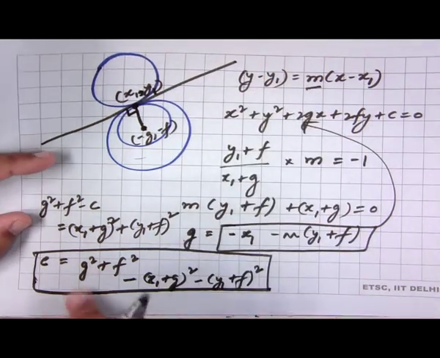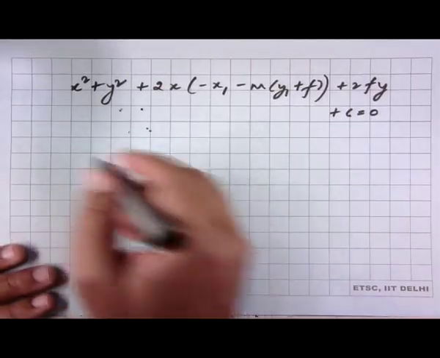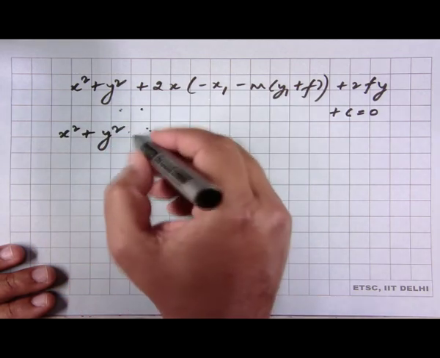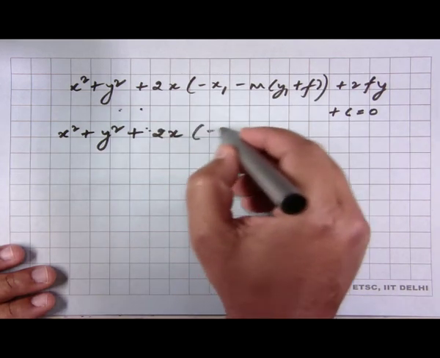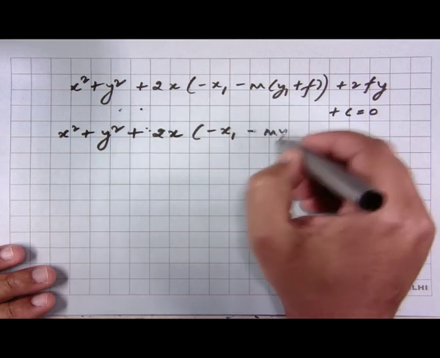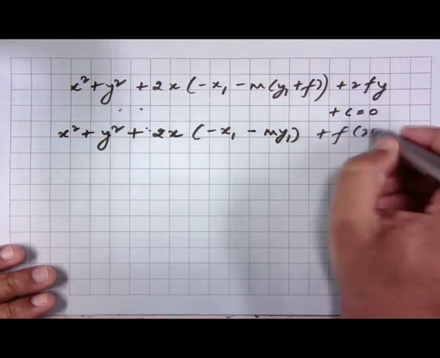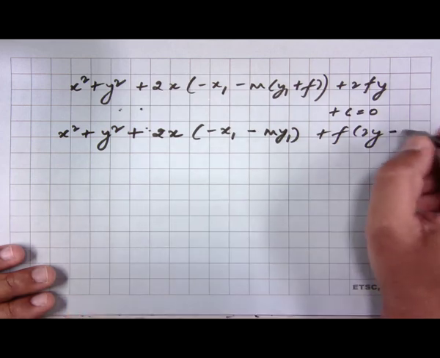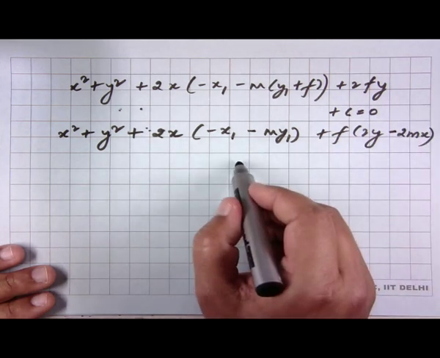So, we will use this right hand side over here, then what we get is x square plus y square plus 2x into minus x1 minus m y1 plus f into 2y minus 2mx plus c equal to 0.